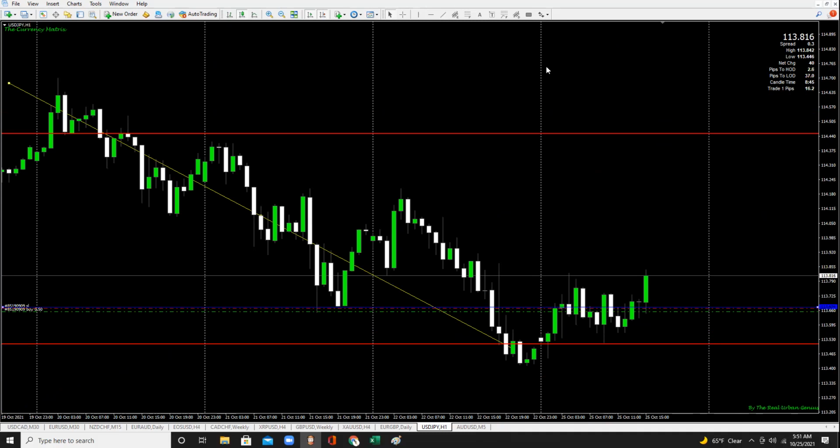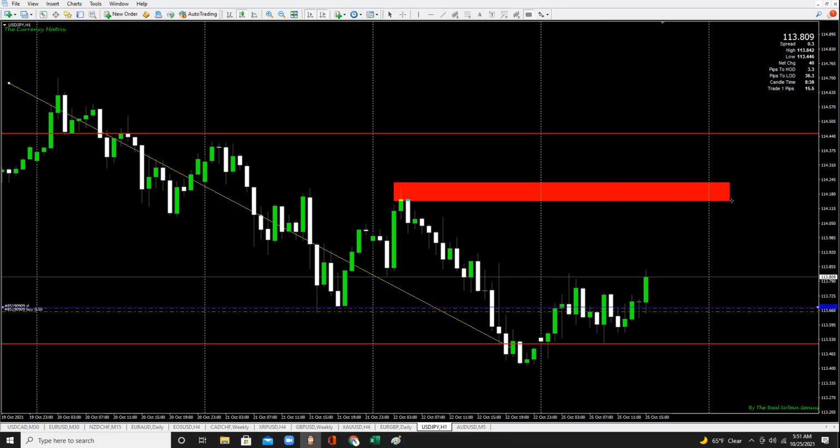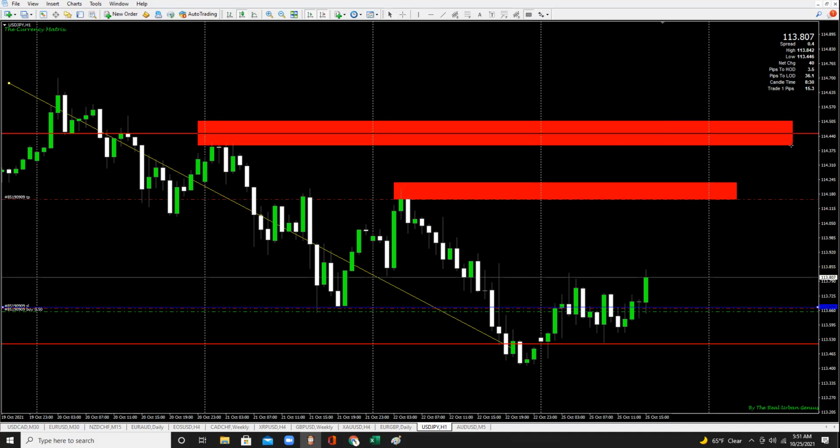All right, now looking at previous structure and target points, we can see that this is the previous high. So that is definitely Target 1. Target 2 would be here.